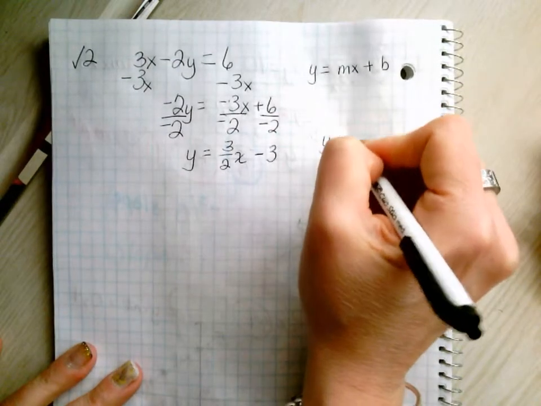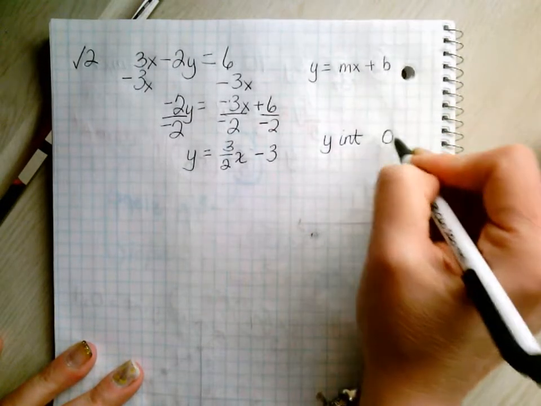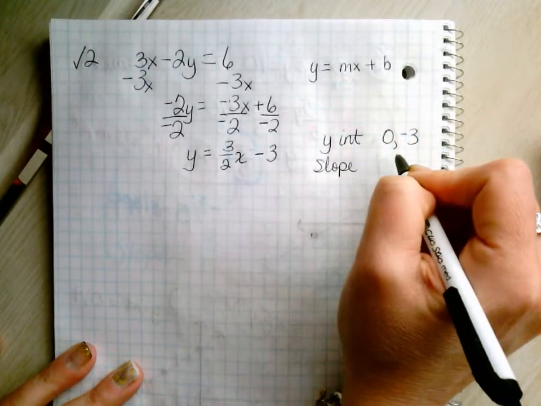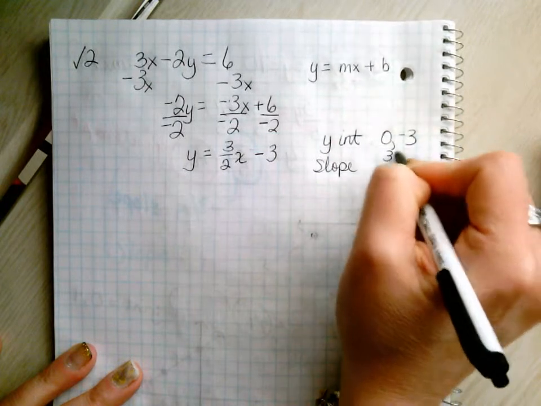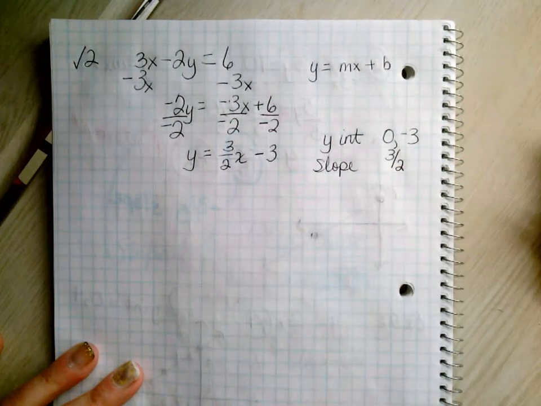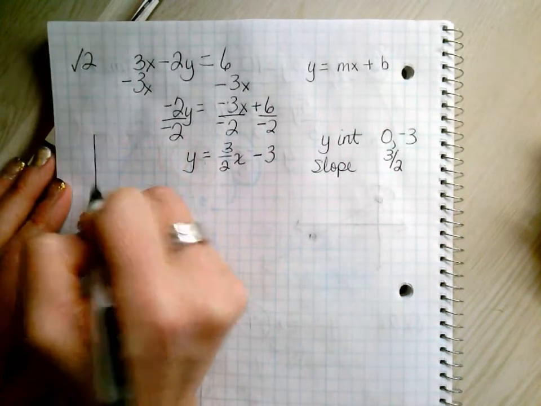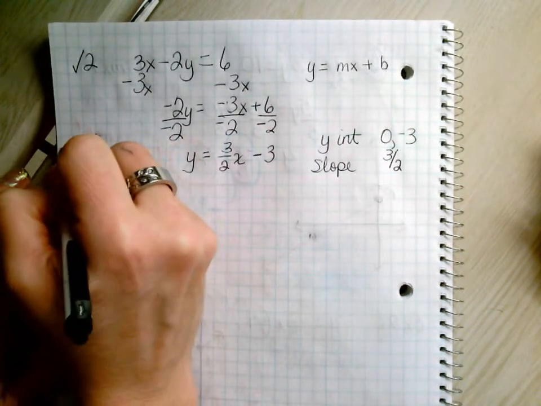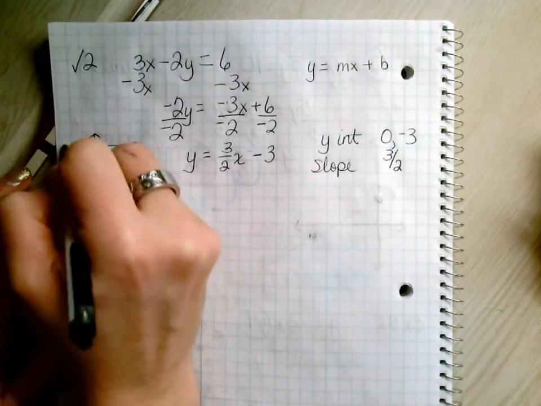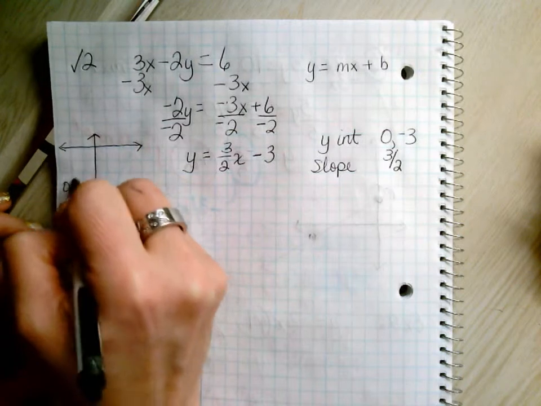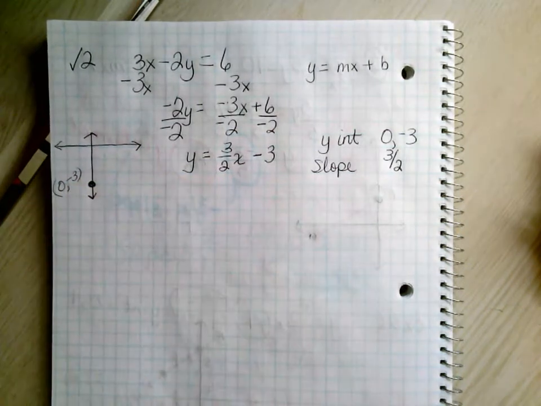Y-intercept? Correct. Slope? 3/2. Okay, so I'm going to build my little graph. 1, 2, 3, 0, -3.